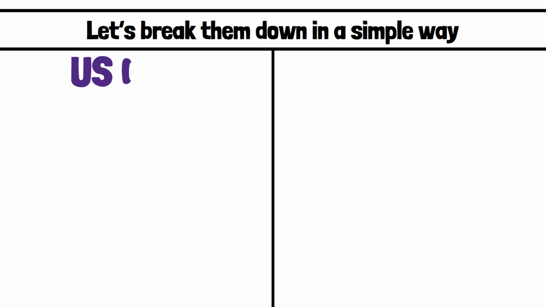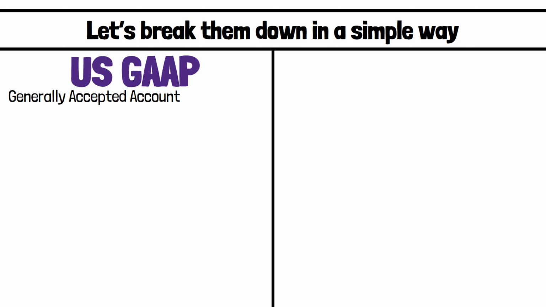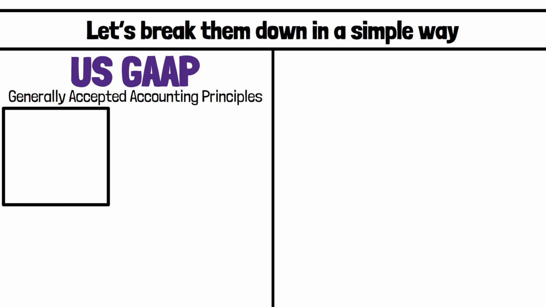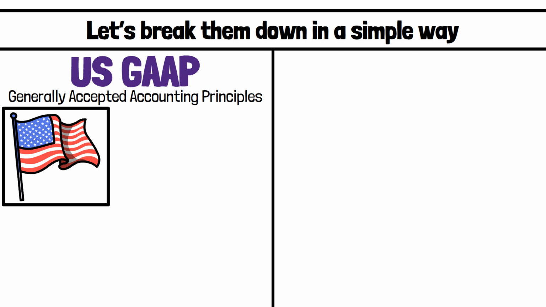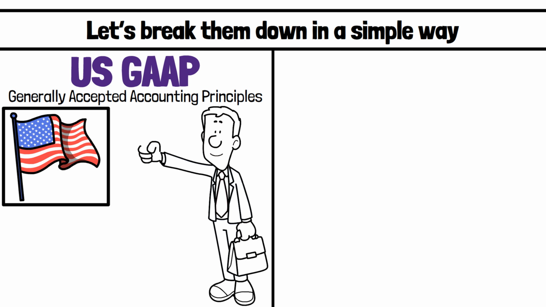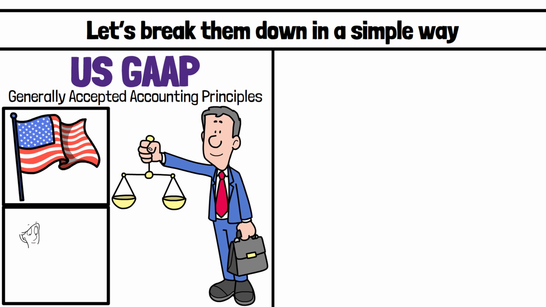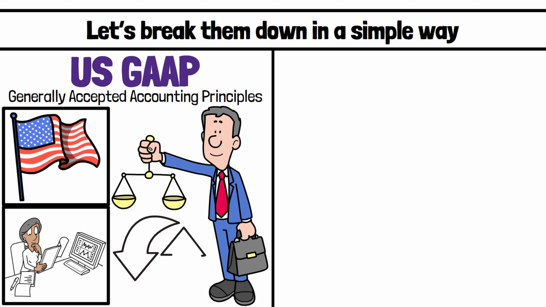US GAAP, or Generally Accepted Accounting Principles, is primarily used in the United States. It's rule-based, very detailed, and provides specific guidance for many situations.